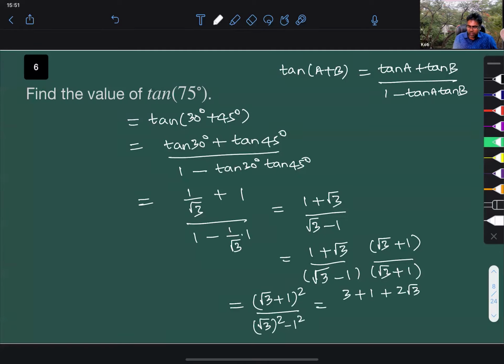Divided by root 3 square will be 3 and then minus 1. So in the numerator you have 4 plus 2 root 3 divided by 2. So this will become 2 plus root 3.